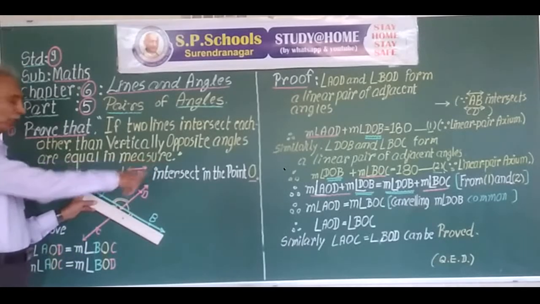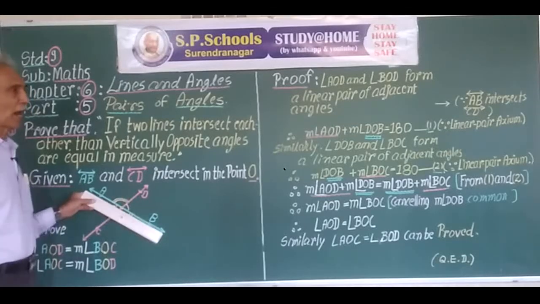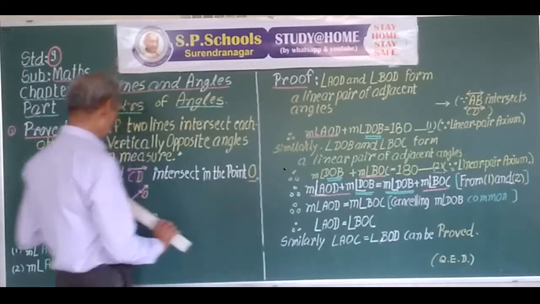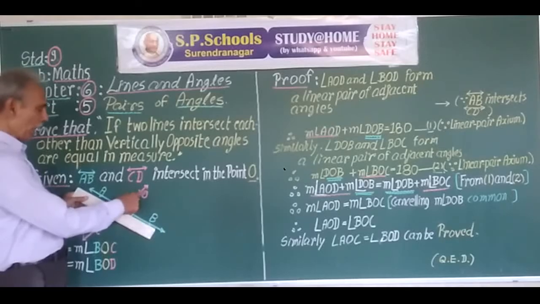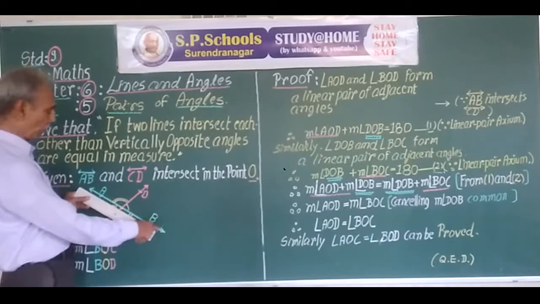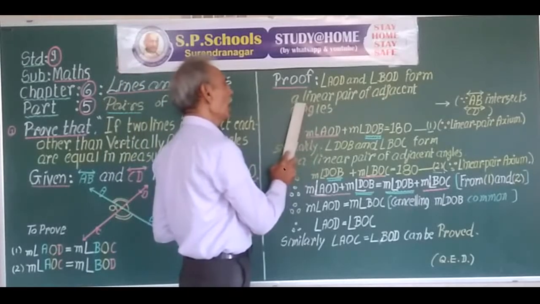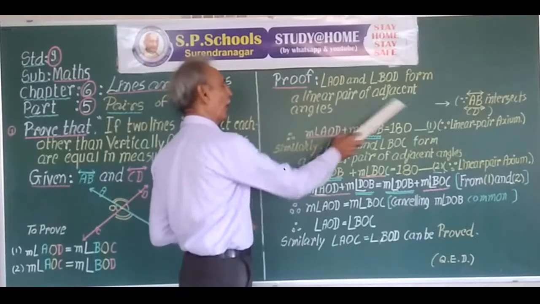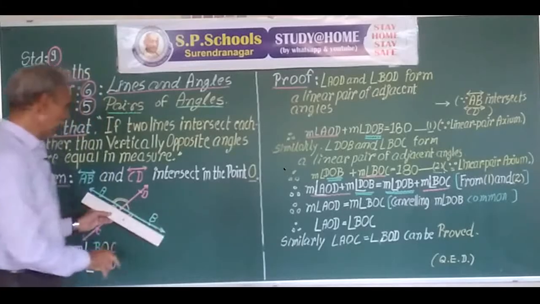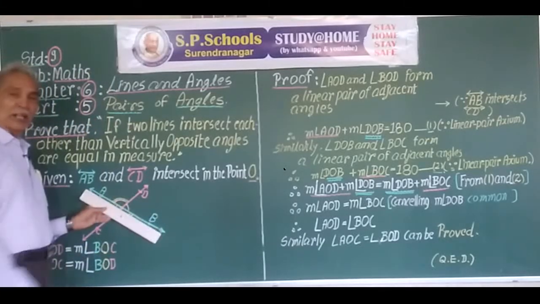The ray OD stands on this straight line, that is, angle AOD and angle BOD form a linear pair of adjacent angles. These are two adjacent angles.